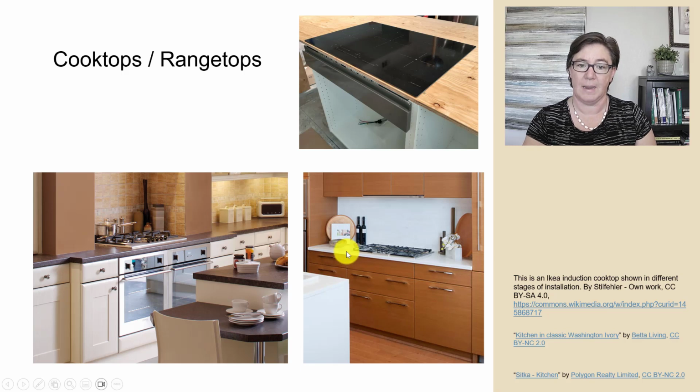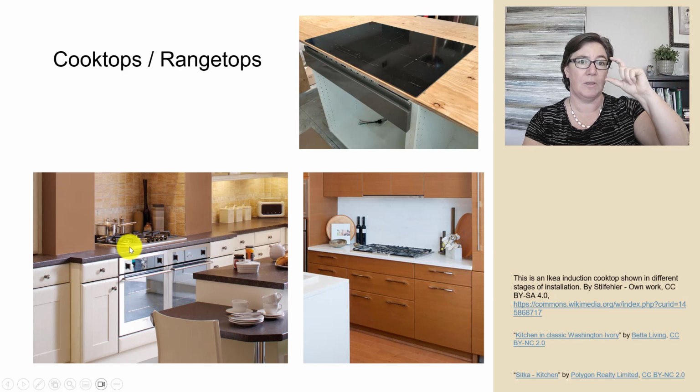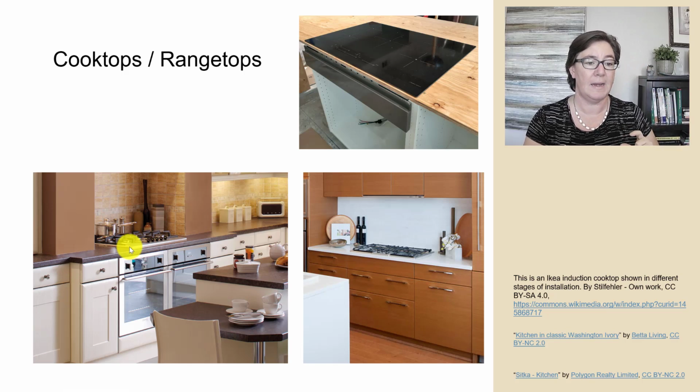On the right-hand side, we've got a fixed panel so that we have room for the cooktop below, and then we've got some drawers. A lot of people like to put their pots and pans in these drawers. Or over here is an example of a cooktop that must have a very shallow height, because underneath it we've got some ovens installed.